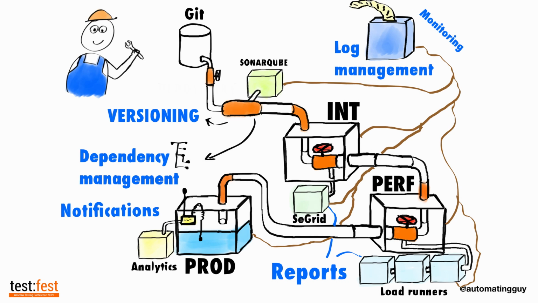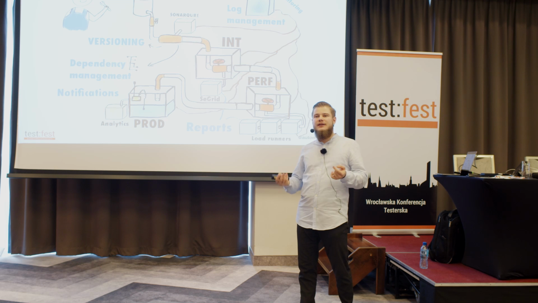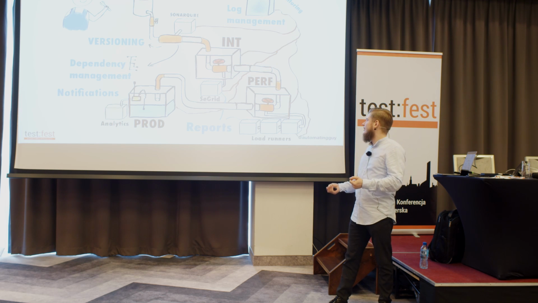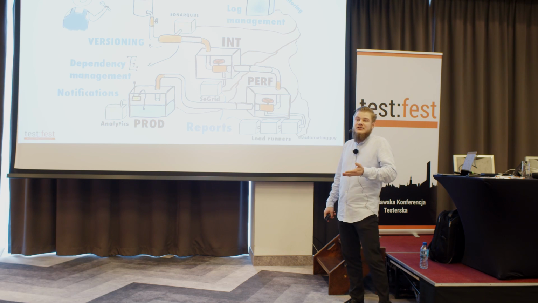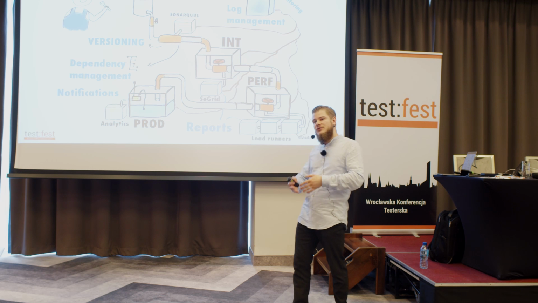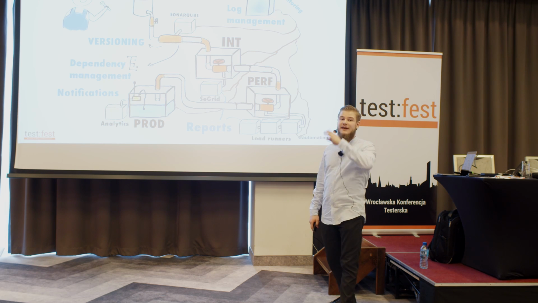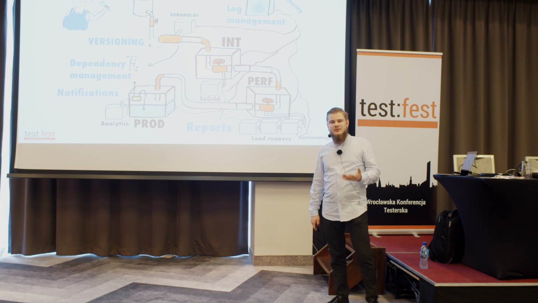How are you actually going to notify your development team or the users about different failures that are happening throughout the pipeline? And then there is the matter of reports, so how much data actually do we surface to our users, to our development team members, and are they actually readable, or is there too much information, maybe something's missing. So there's a lot that we have not unwrapped yet, and as you can see, this is a complex machine. This is a complex process.